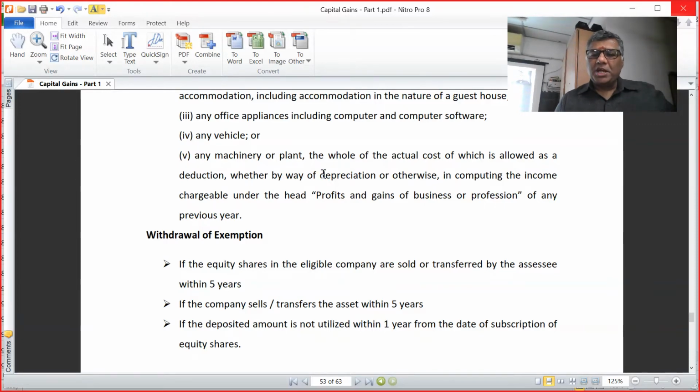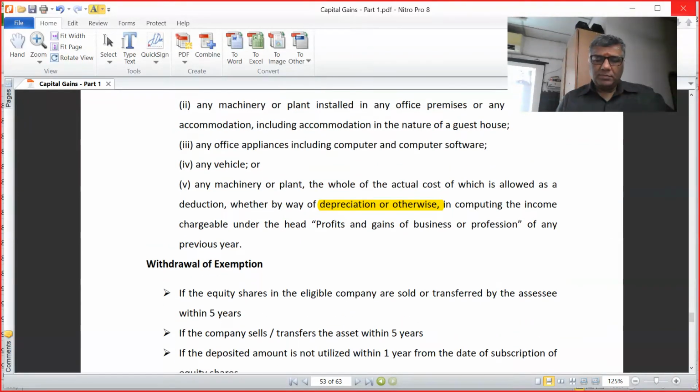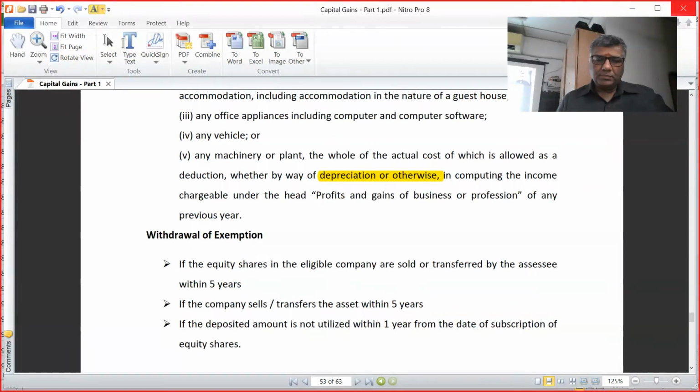100% depreciation, if you have claimed it on the asset, is now not there, or otherwise it is 35AD. Read through the section once.